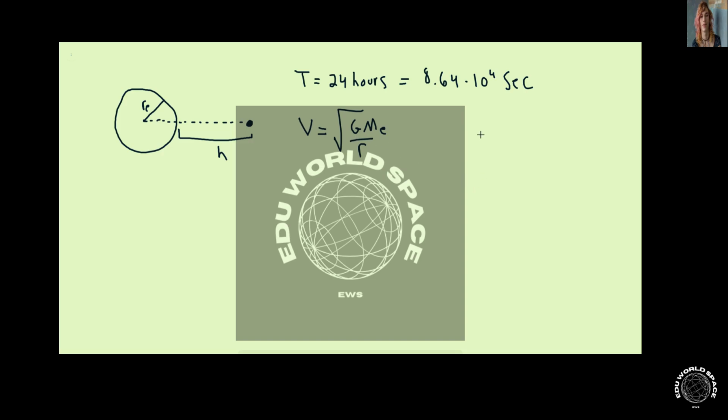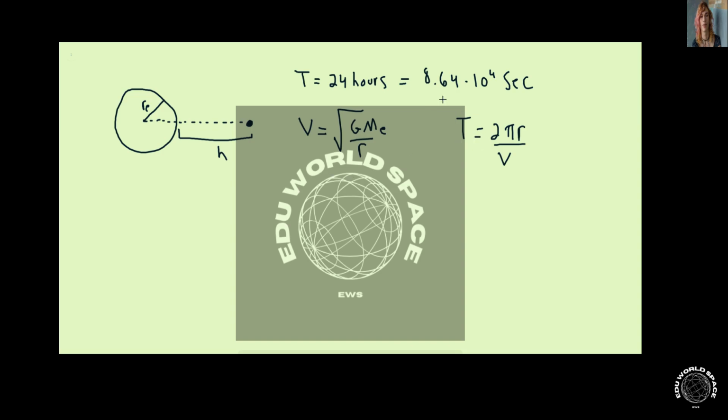We also know that the period of motion would be given by 2 pi r, again the same r of this total distance, the circumference of the motion, divided by the velocity. If we can figure out r from these equations, then we'd be able to find what this h is.